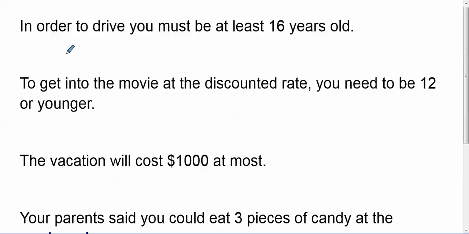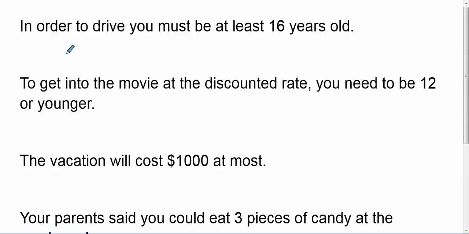Alright, so we have been working with inequalities which involve greater than, less than, and then we also have added into that less than or equal to and greater than or equal to. So a lot of kids struggle with when do I use those or equal to situations and what words are going to indicate to me that I'm going to use less than or equal to and which words indicate greater than or equal to.